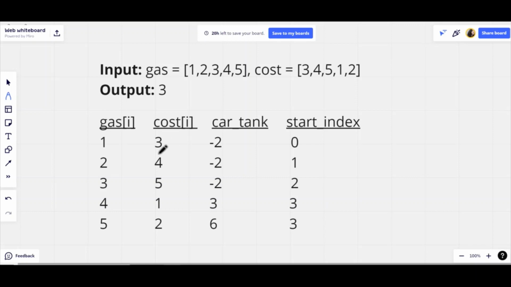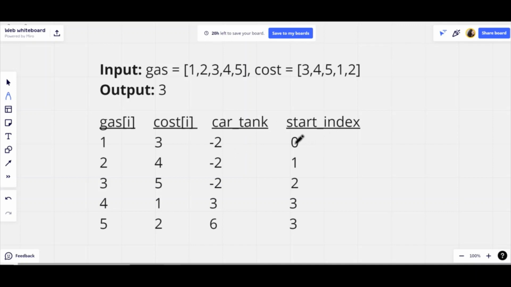So we have to invest 3 units from the capacity we have in our gas tank. But right now we have only 1 unit of gas, and I have to invest 3 units of gas to go to the next station. So 1 minus 3 will be -2, but our car tank cannot contain -2, negative units of gas, right? It should be greater than or equal to 0.